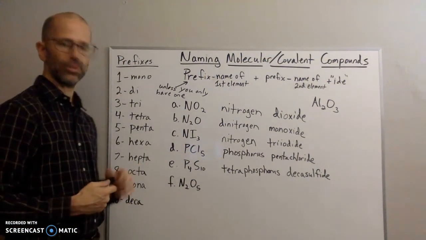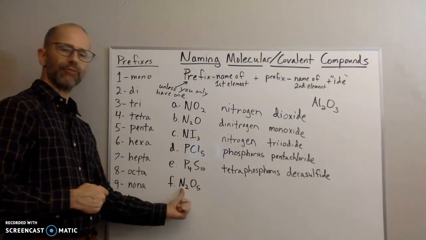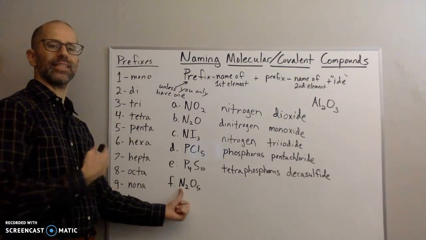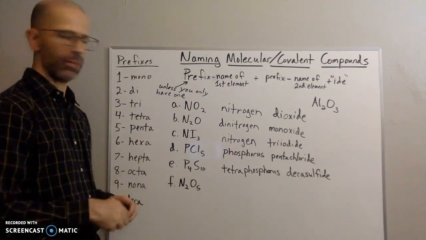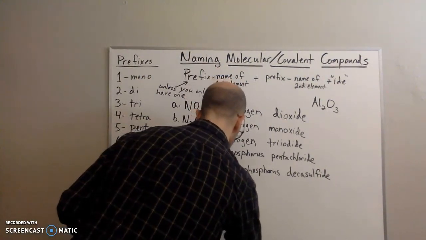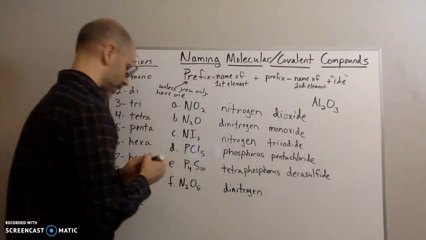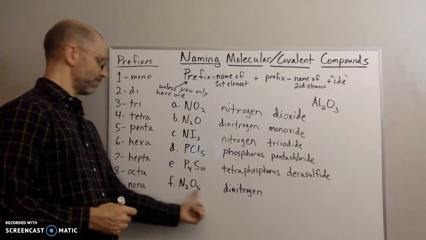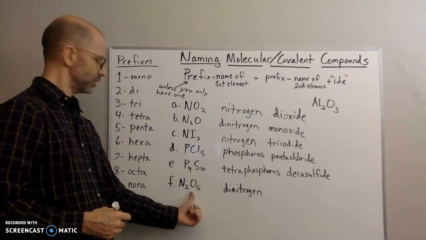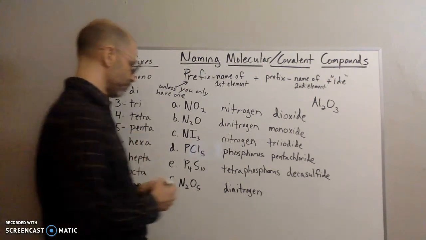Okay, now for the last one. Here I have nitrogen and oxygen. I have 2 nitrogen. So again, di for 2, followed by nitrogen: dinitrogen. And then here I have 5 oxygens. So I'm going to use penta for 5.